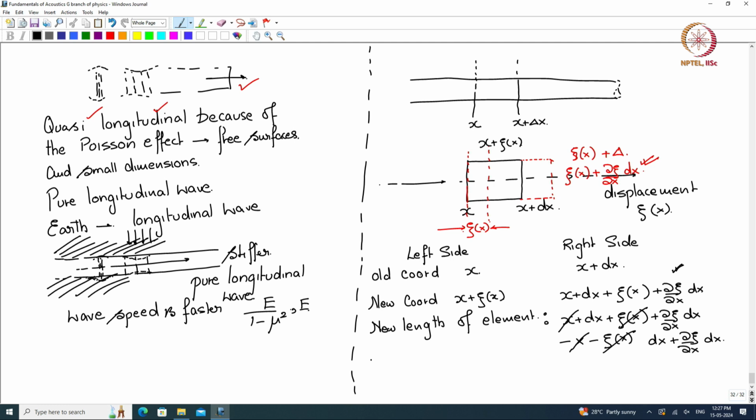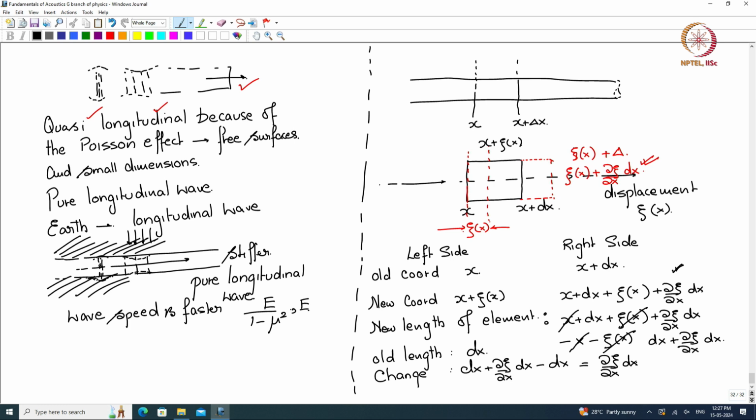Okay, and the old length was dx, so that the change in length is dx plus del xi by del x dx, the new length, minus the old length, is equal to del xi by del x dx.